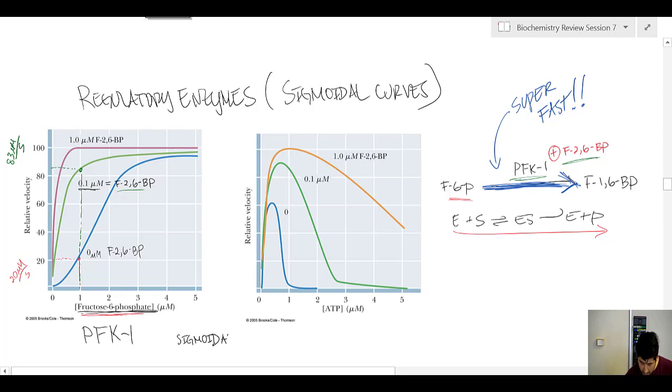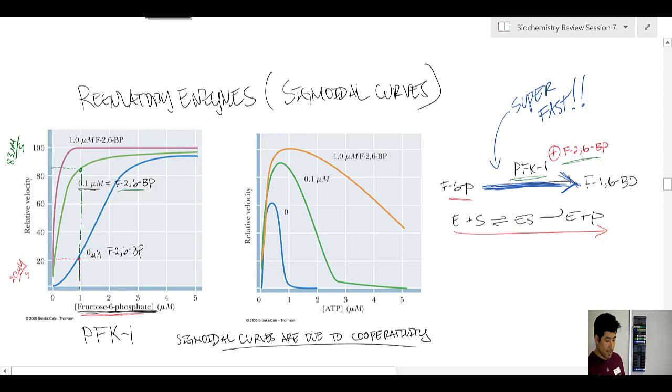That is so important that for those of you watching this online, and for those of you here, I really want you to remember this and ingrain this into your brains. Sigmoidal curves are due to what? Cooperativity. Due to cooperativity. All right, we'll go into cooperativity in just a little bit, but sigmoidal curves are due to cooperativity.